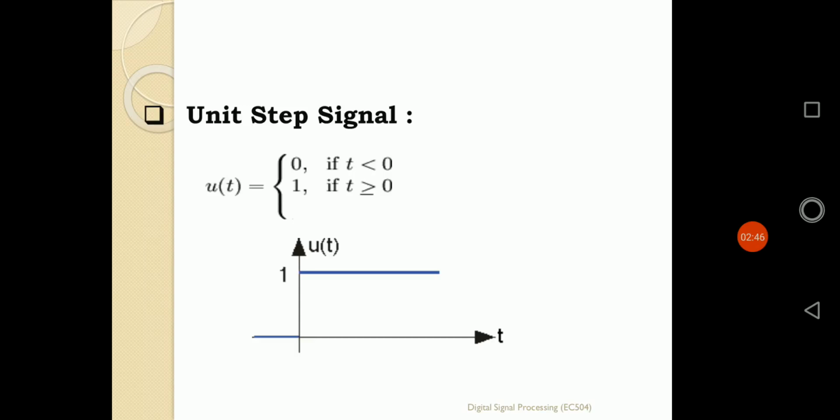So u of t is equal to 1 for t greater than or equal to 0, and for t less than 0, its value is 0. So stepping its value from 0 to 1, starting from t equals to 0 and onwards, is known as unit step signal. It's a continuous time signal.